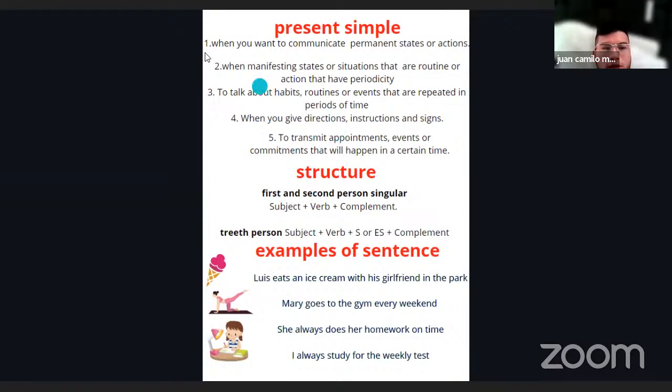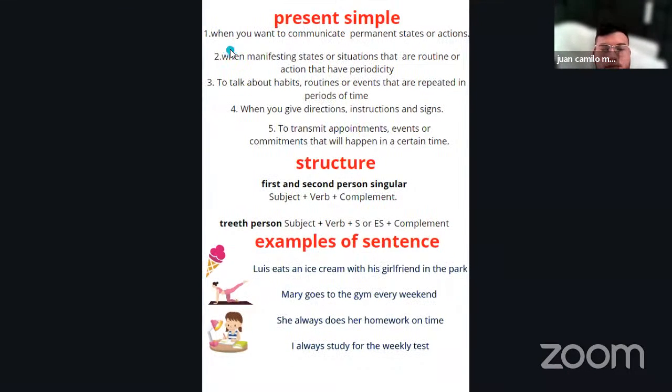These are the rules. First, when you want to communicate permanent states or actions. Second, when manifesting states or situations that are routine or actions that have periodicity.